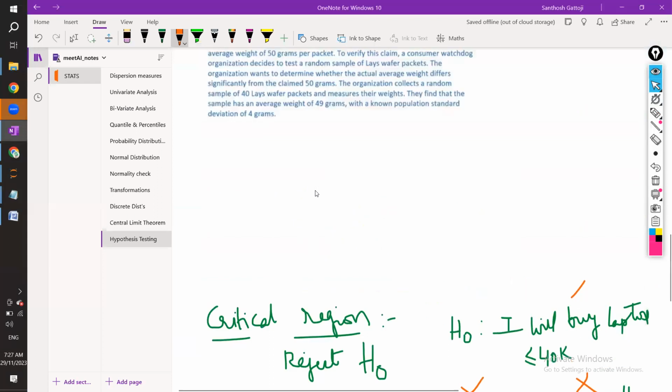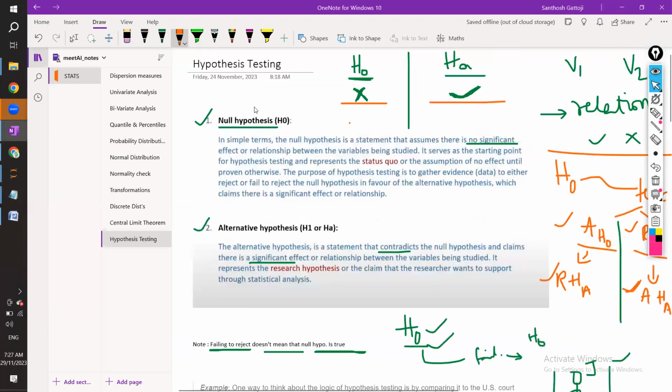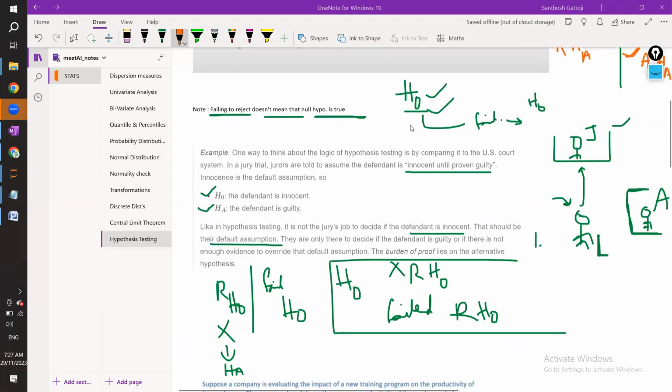Just to give a recap till now: we understood the basic sense of what hypothesis testing is, what the null hypothesis is, what the alternate is, and how you can formulate them. Both should be contradictory to each other, and you can accept only one of the two. One important thing is that failing to reject does not always mean that null is true. That means you did not have sufficient evidence at that point of time.